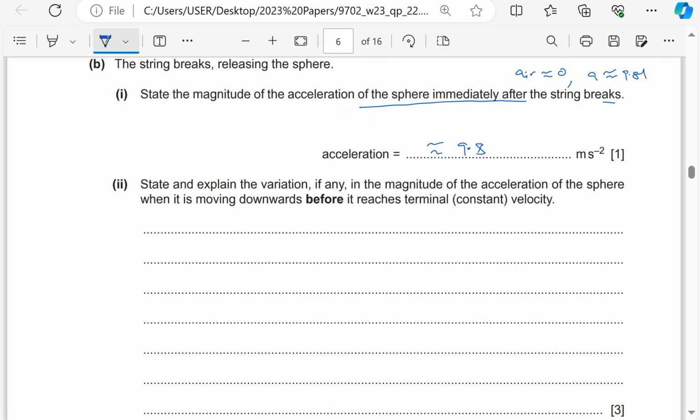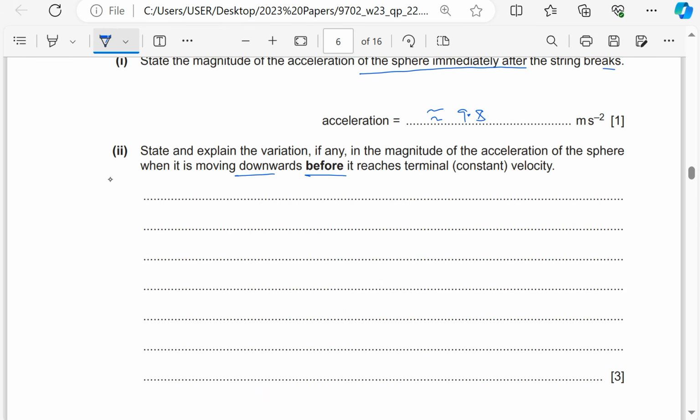State and explain the variation, if any, in the magnitude of the acceleration of the sphere when it is moving downwards before it reaches terminal velocity. Remember, at terminal velocity, acceleration becomes 0. So it means it must have been decreasing. So resultant force, which is mass times acceleration, is the weight minus the viscous drag. Remember, the upthrust was negligible.